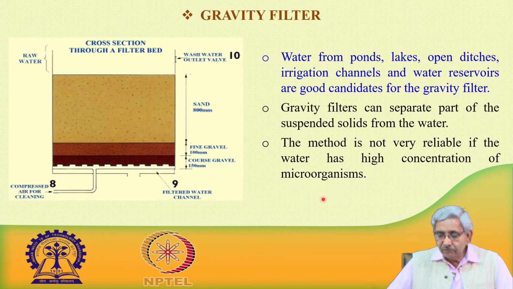This method is not very reliable if the water has a high concentration of microorganisms. They get deposited, and then in the further cleaning process, when the water is passing through, it will not give good filtration efficiency.